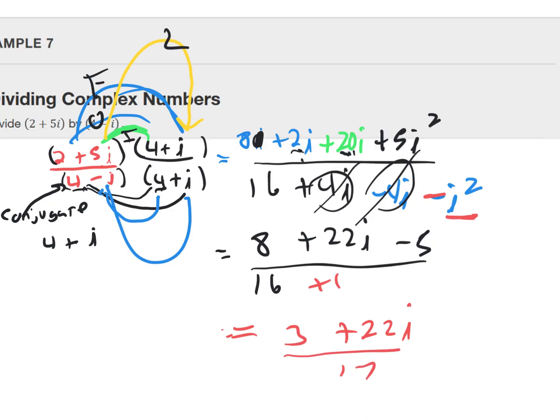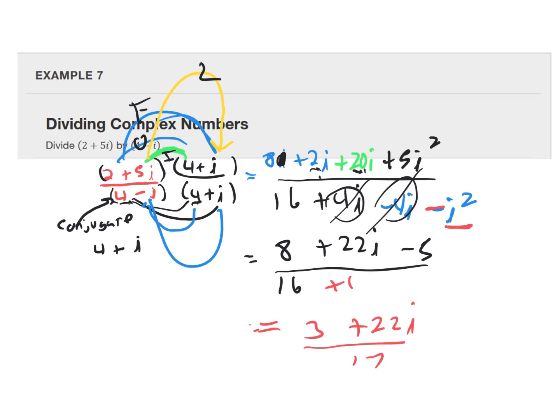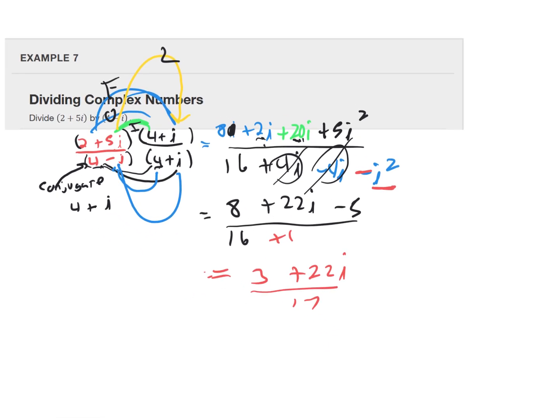Now, I don't mind this answer, but there's a good chance that the textbook and the homework assignment will write it as 2 fractions. In other words, the real part is 3 divided by 17, and then the imaginary part is 22i divided by 17. So you can put the 17 under the 22.